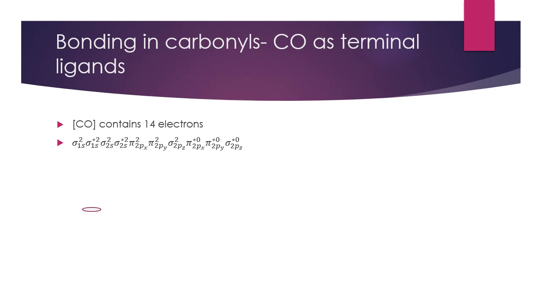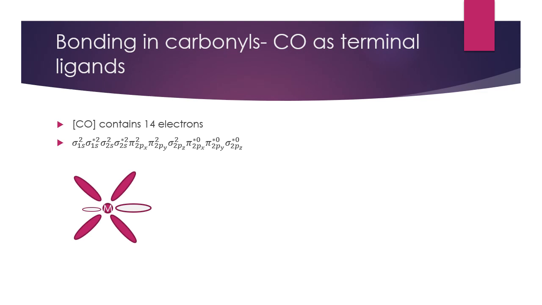So we have found that metal carbonyls have both sigma and pi bond character. To begin with, let's see. First, overlap takes place between the filled bonding molecular orbitals of carbonyl carbon with the empty d orbital of the metal, resulting in the formation of a sigma bond.